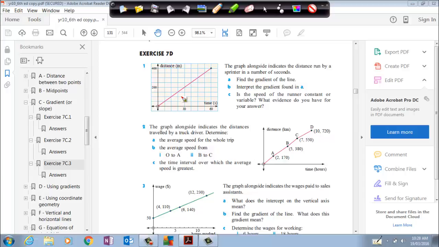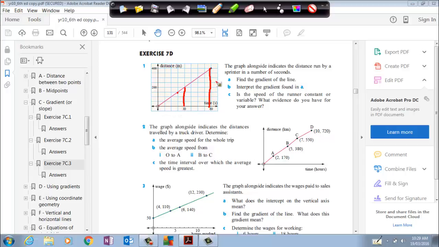You can use any triangle to work out the rise and the run. You could use something like that. So the rise is 200, the run is 30, or you could use something like that, where the rise is 400 and the run is 60.